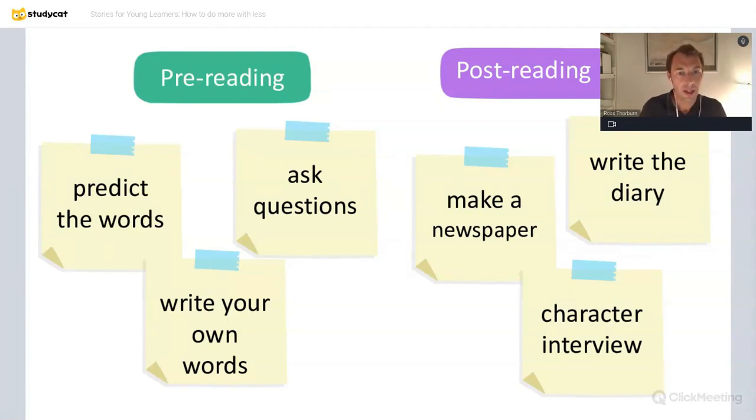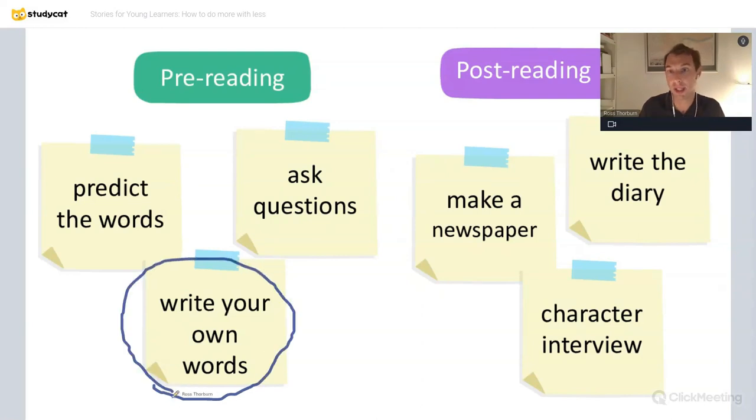You can even get students to write the story with their own words. We didn't have time for this today, but that's a fun activity as well. So getting students to look at a story, you can blank out all the words, and then you can get students to add in their own words in the story before reading it.